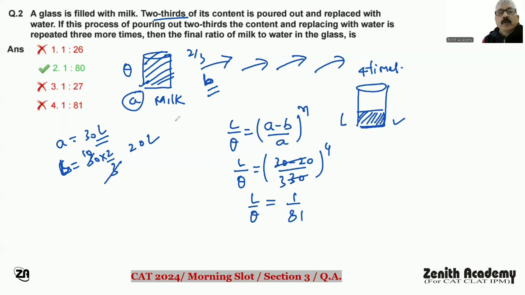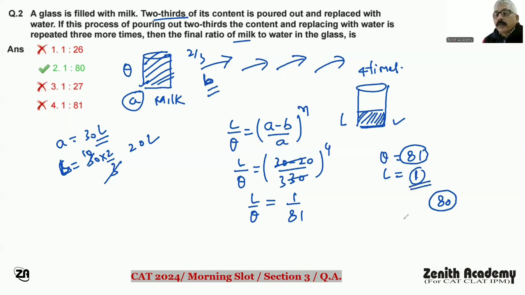So if the original quantity of milk was 81 and left is 1, it means 80 liters of water is there in the final mixture. So the question was to find the ratio of milk to water after the pour operations.